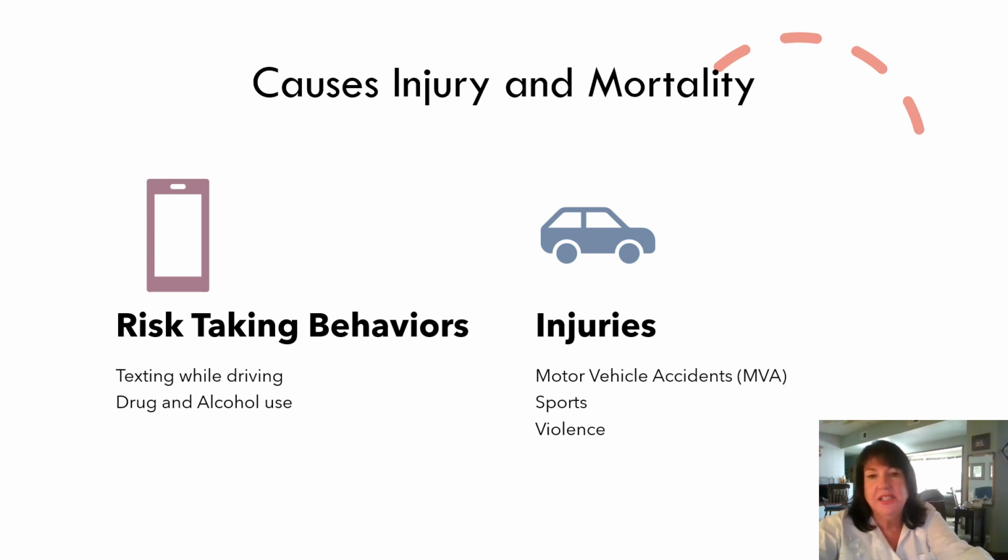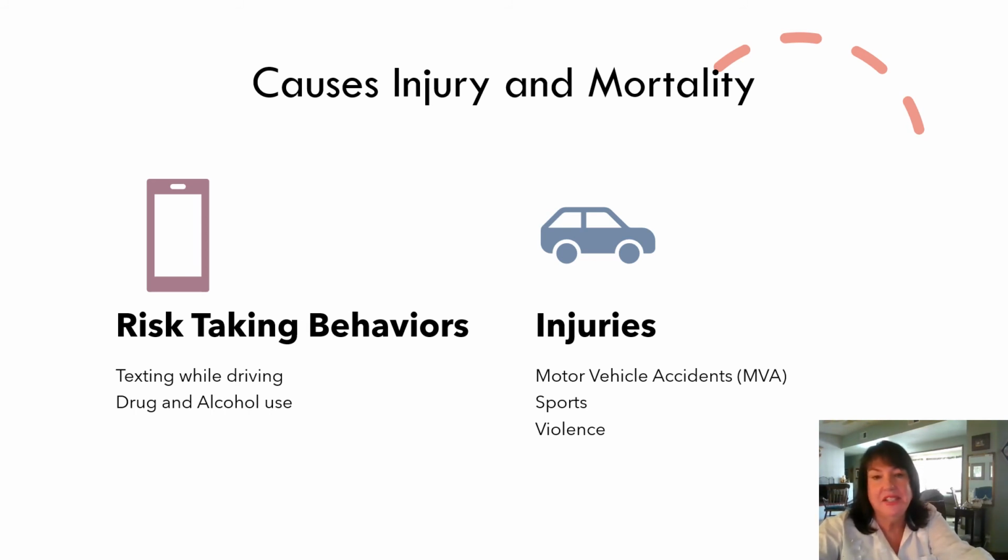Motor vehicle accidents, sports and sports injuries. There can be such a heavy involvement in sports that we have head injuries, we have heat stroke sometimes that comes about, especially our football player kids that are practicing in the middle of the summer.